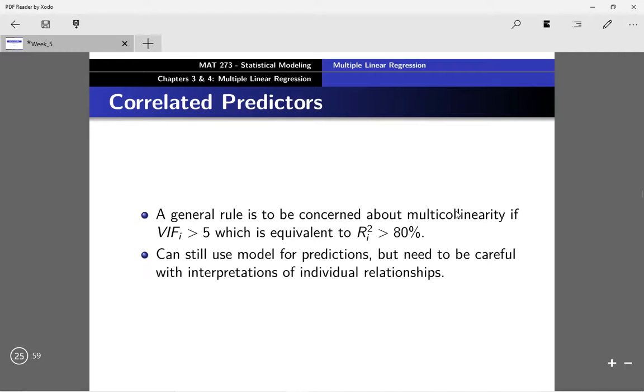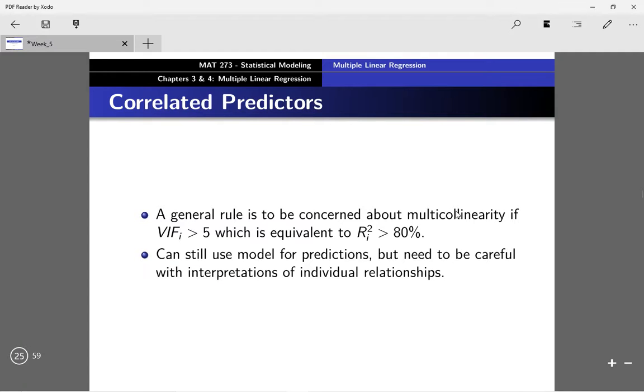We can still use models in general for predictions, even if the predictors are extremely correlated. But the thing is, it invalidates interpretations of the regression coefficients, as well as the p-values, confidence intervals, and hypothesis testing. So a lot of the stuff that encompasses what we'd call statistical inference.